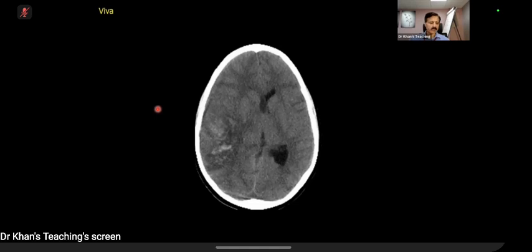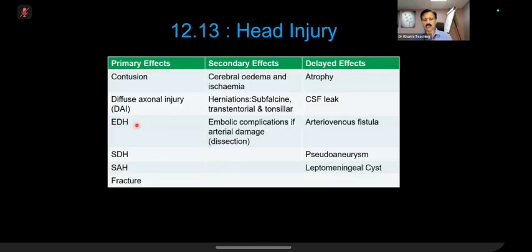One is non-hemorrhagic, which is low density, and then there is hemorrhagic, which of course has punctate high density. So if you see here, this is what is happening, but if you see carefully, it goes all the way to the cortex. So call it a contusion.